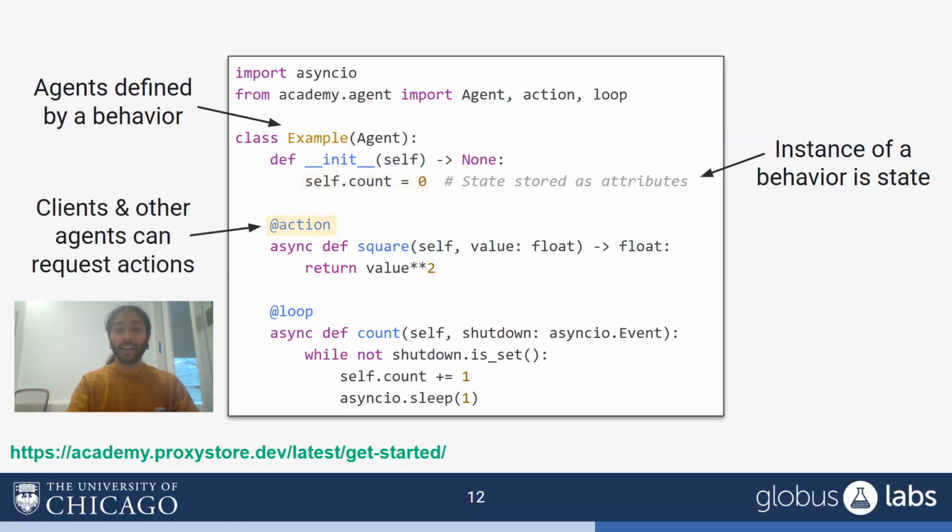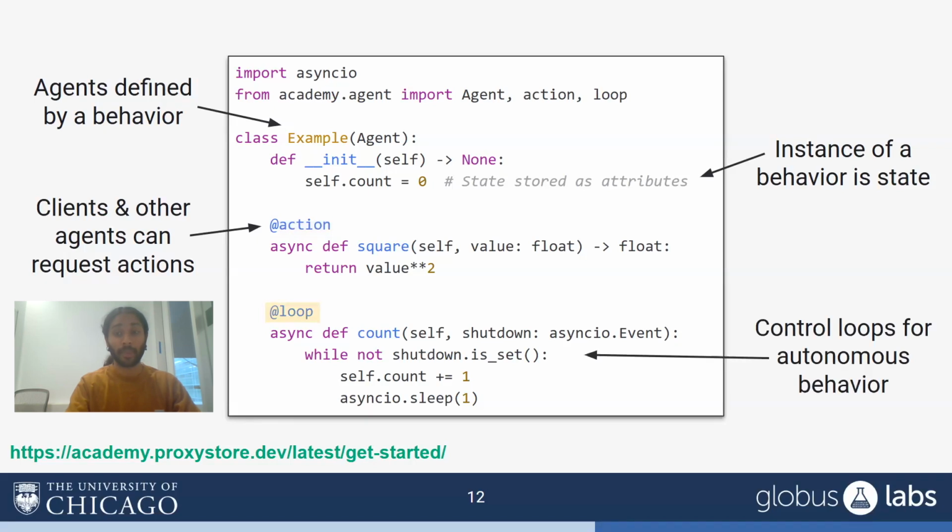In order to define actions that other agents can invoke, you define an asynchronous method and annotate it with this action decorator. This will make it available to any agent that has your handle and can communicate on the exchange. And then you can also program autonomous behavior using this app loop function.